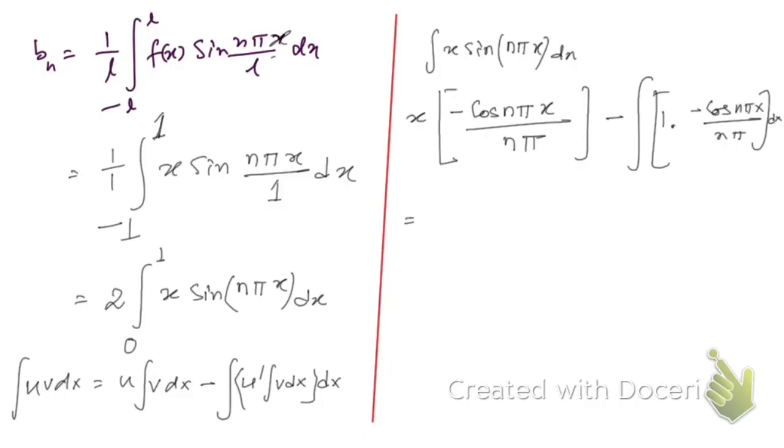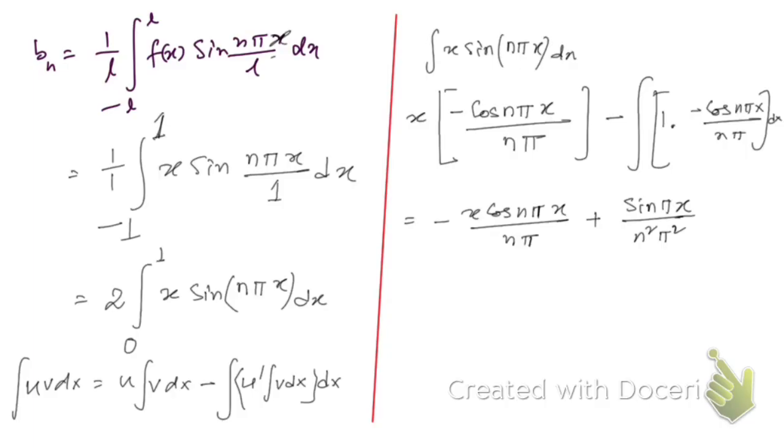So now we have minus x cos n pi x divided by n pi, then minus minus is plus, and if you integrate cos, that's going to be sine n pi x by n square pi square.